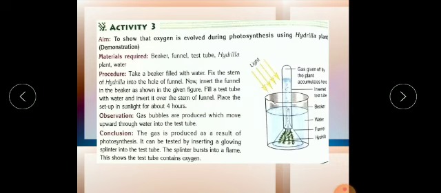Okay, and keep this setup as it is for 4 hours. All right, so what will you observe after 4 hours, or after 3 to 5 hours? We will see the bubbles coming out. So what is the conclusion, what is the result? The gas is produced as a result of photosynthesis.